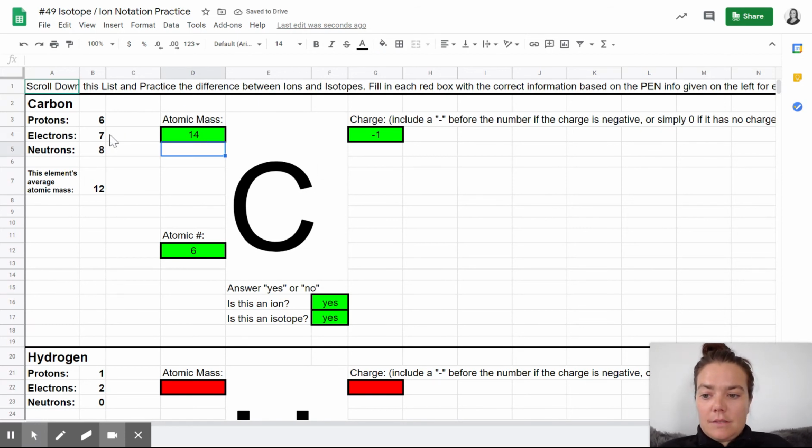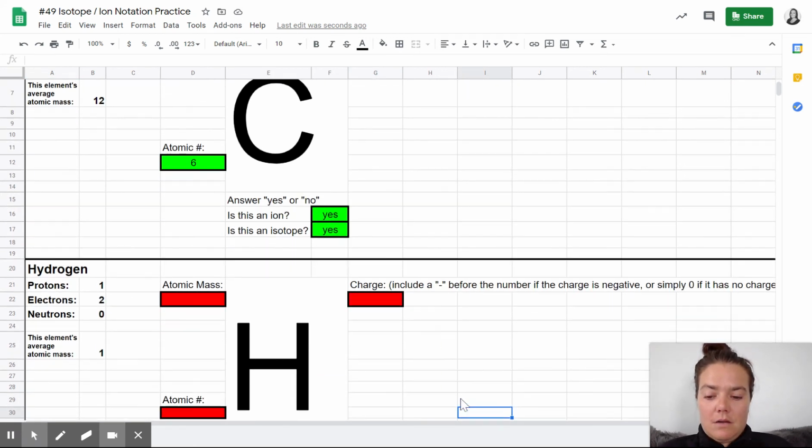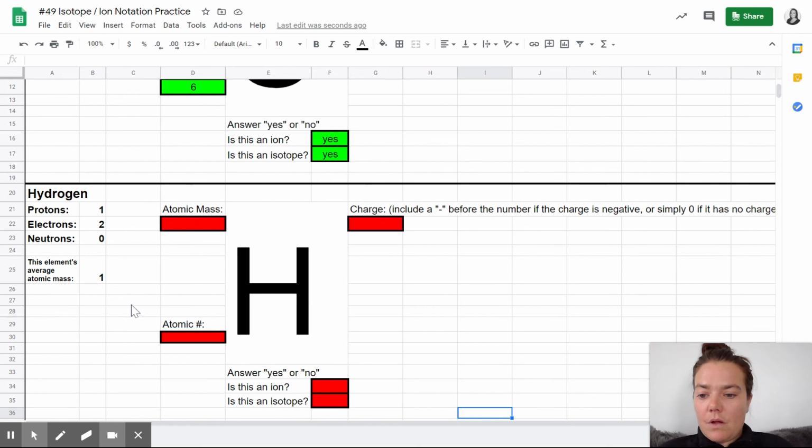The electrons: there is one more electron than proton, so it has a -1 charge. Again, that's right. The atomic number is your proton count. This is an ion because there's a charge, and this is an isotope because the atomic mass is different from the average atomic mass. Again, following the same protocol over here, the protons tell my atomic number.